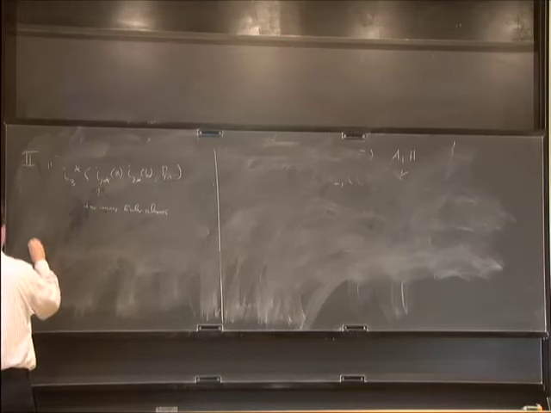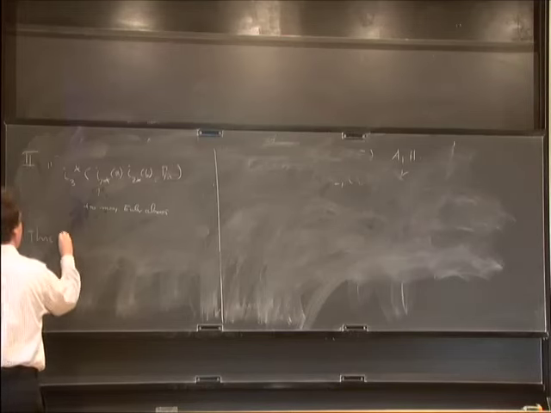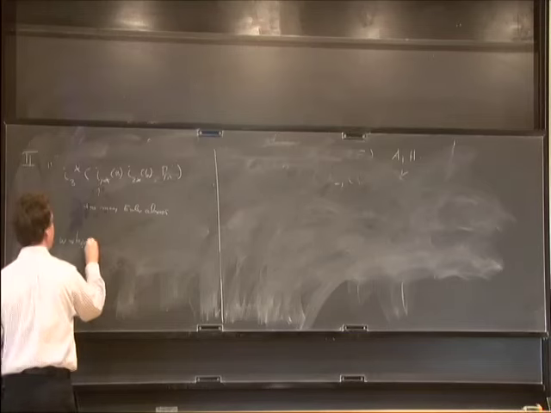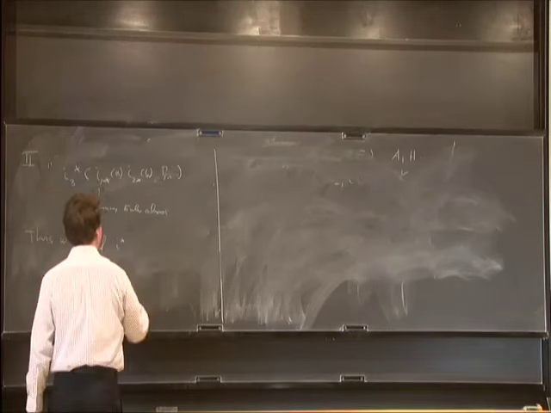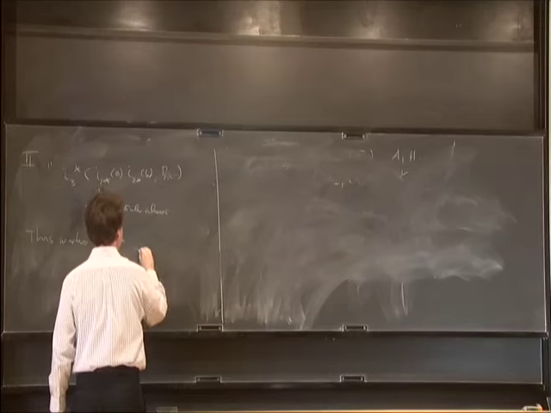So this works if these I pullbacks are surjective.